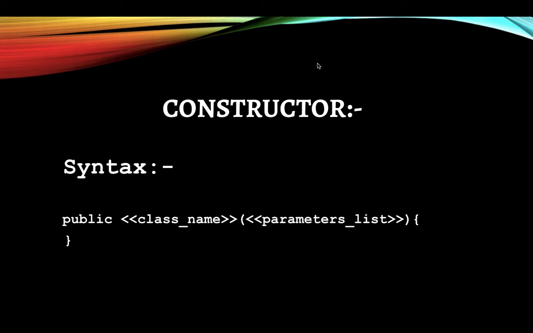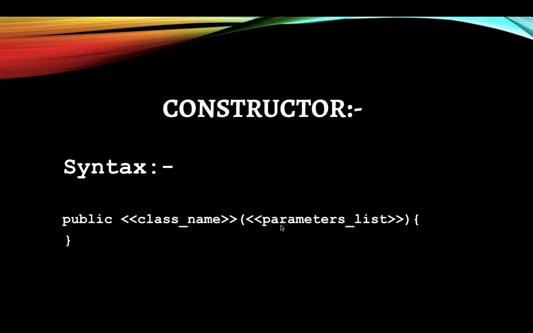So this is the syntax. We should mention public and the class name, whatever the class name is. Then here is the parameter list, and the parameter list is our choice.